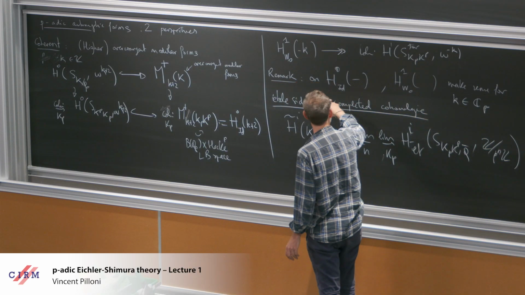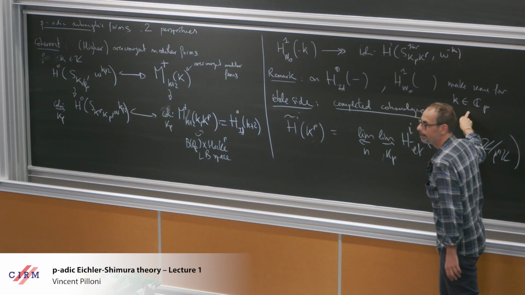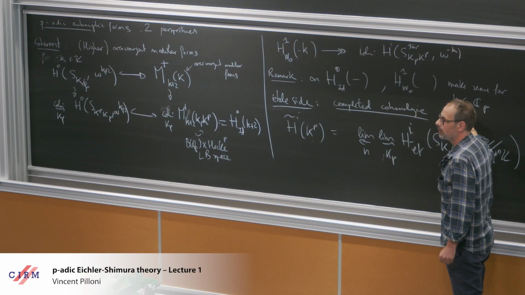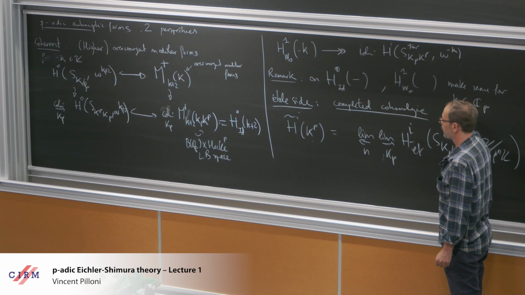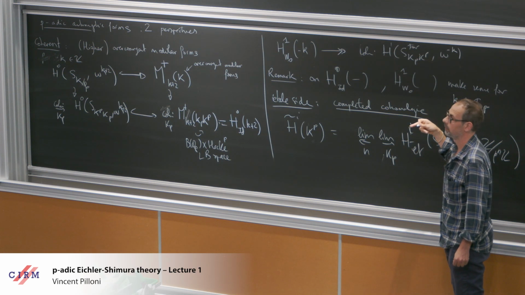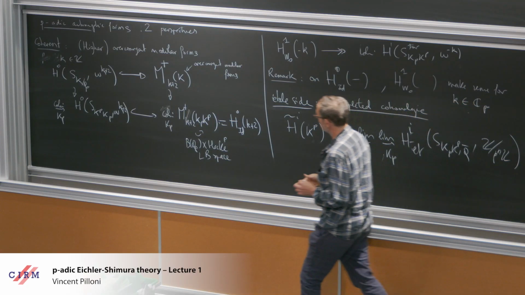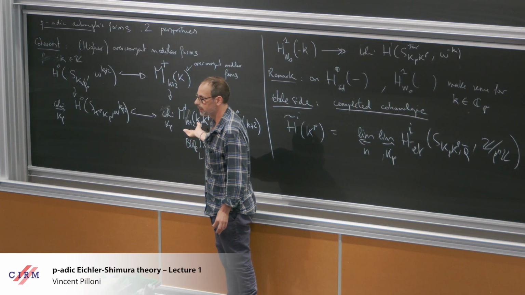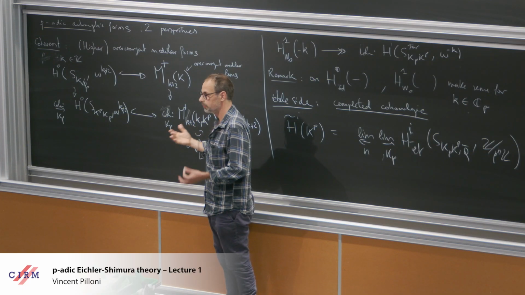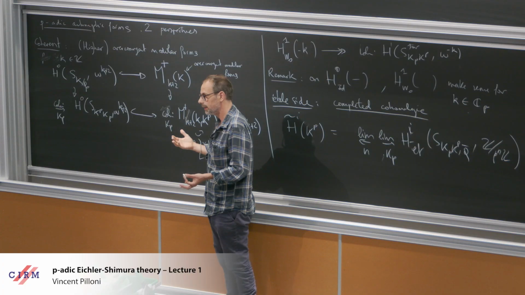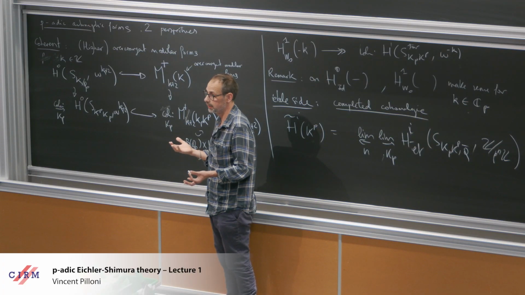It makes sense for, so now my parameter is actually the logarithm of the usual weight. And the reason for this is that when I pass to the colimit over all levels at p, I'm kind of adding all Nebentypes at the same time. So I'm dealing with all forms of weight k and any Nebentype, right?